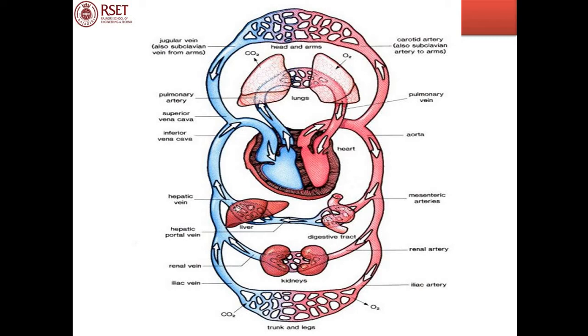And on its return, it brings back the carbon dioxide, that is the residue of metabolic activities, back into the superior and inferior vena cavas from both the head and arm section as well as the trunk and leg sections. So it is then opened into the ventricles, and from there it is again pumped in volume to the lungs for oxygenation of the blood once again.